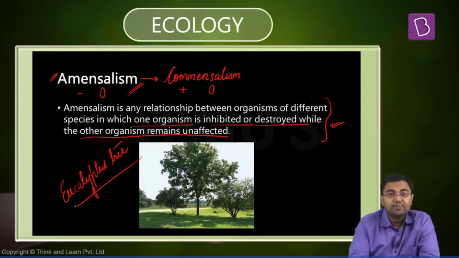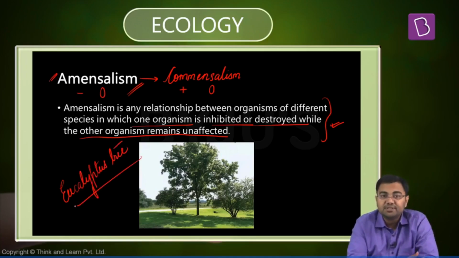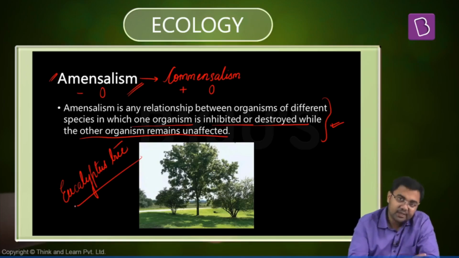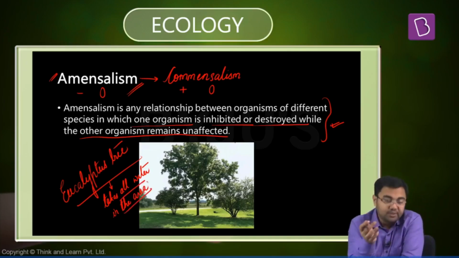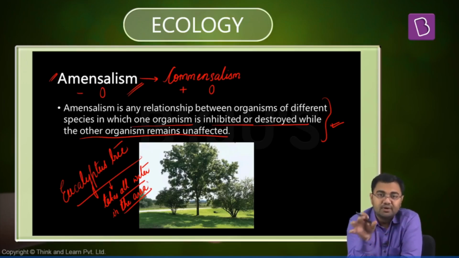Eucalyptus. So what happens with the areas where eucalyptus is being grown? We see that if eucalyptus is being grown, it takes up all the water in that area and there is nothing left for the other organisms. So although for eucalyptus it is nothing as such, it's not a parasitism, that it is not trying to feed upon other organisms, or it is not competing with other organisms.